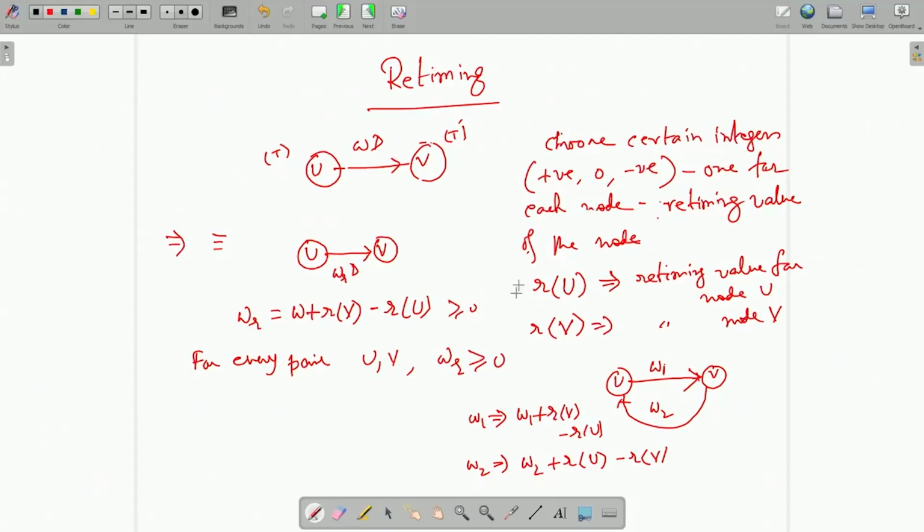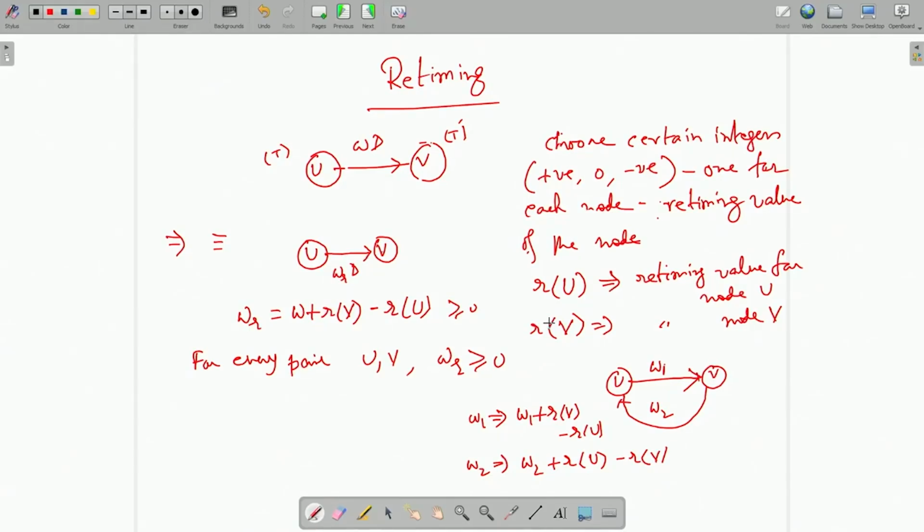It is an integer, plus, minus or 0, which you chose and assigned to U; it is called the retiming value of node U. Similarly, R of V, the retiming value of V, could be positive, negative or 0, and so on and so forth. There is no restriction as such on your choice, but there is some restriction that will come now.